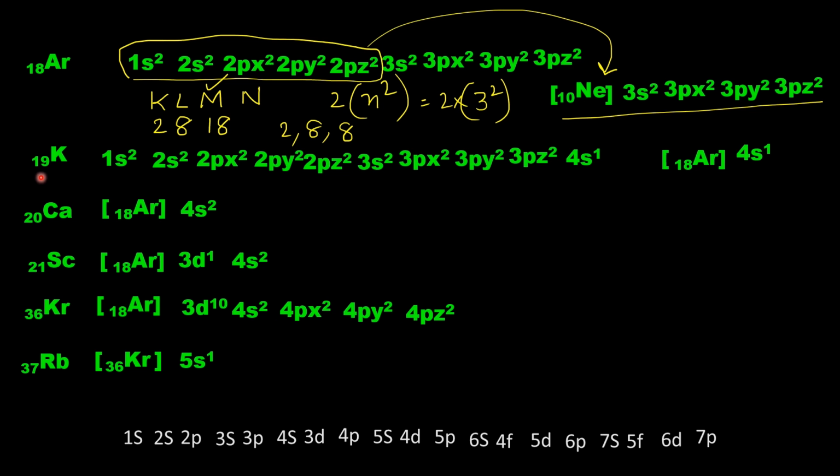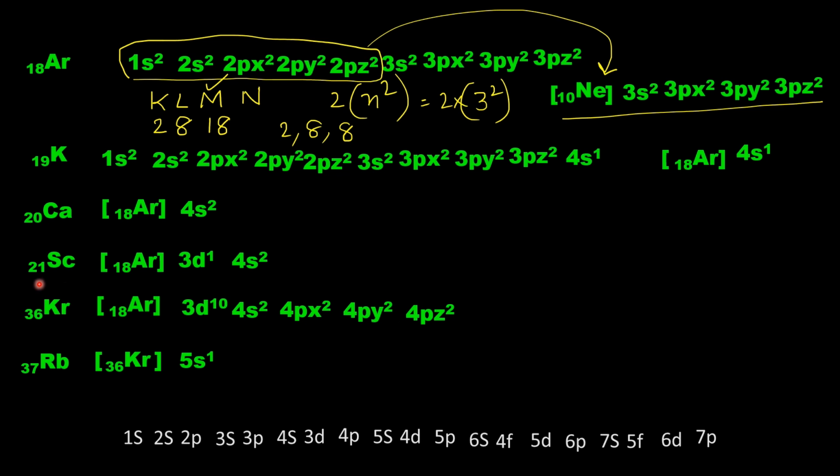Instead of showing the entire orbital distribution of the electrons, it can be shown as is shown here by using the symbol of argon. Argon 18 within square brackets and then 4s1. Calcium and potassium differ in one electron. That electron goes to 4s and it gets paired.